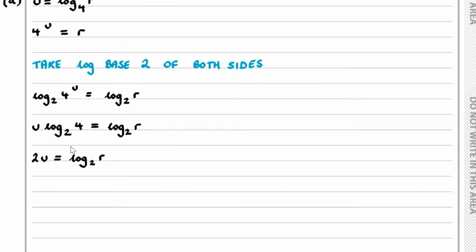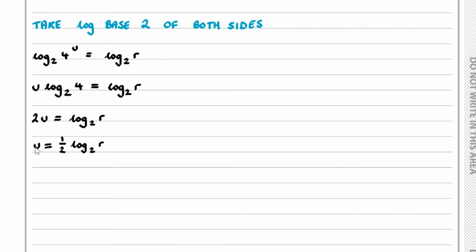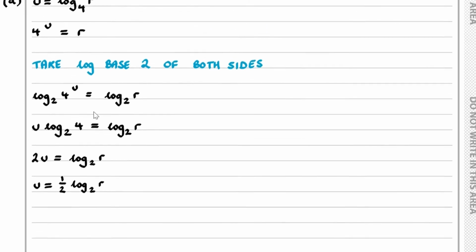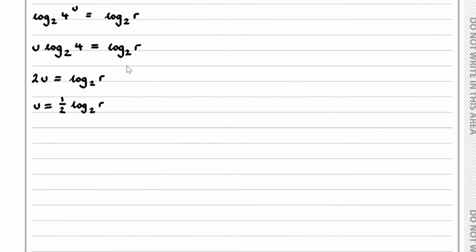And if we divide both sides by 2, that would mean u is equal to 1/2 times log base 2 of r. And using the fact that u is equal to log base 4 of r, we can therefore conclude that log base 4 of r is equal to 1/2 times log base 2 of r.